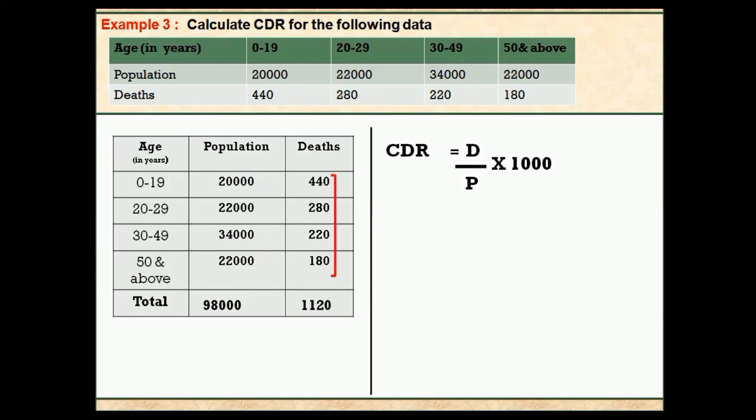Again we need to calculate the total of deaths, which is 1120. After applying, deaths becomes 1120 divided by P, which is 98,000, into 1000. Answer is 11.43 per 1000 population.